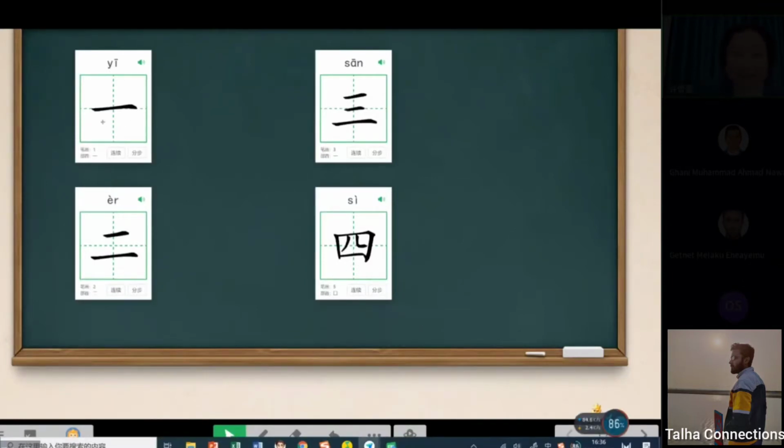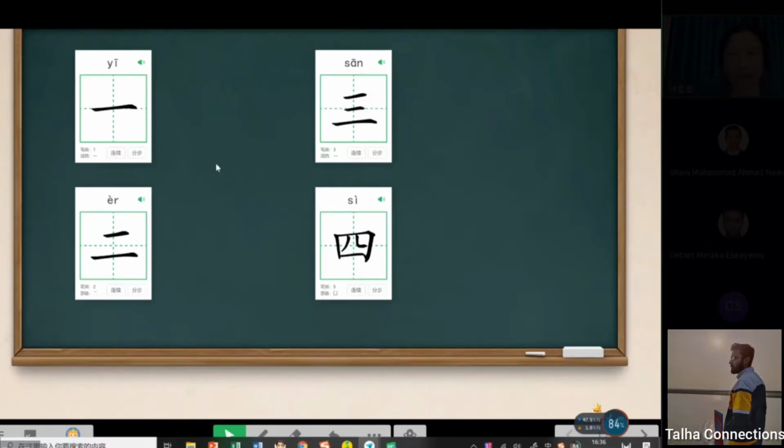Now, the first one is yi, which means one, right? A very simple, just one stroke. Now, when we write characters, we write strokes. Now, this is one stroke. There are two strokes in this character. There are three strokes in this one.